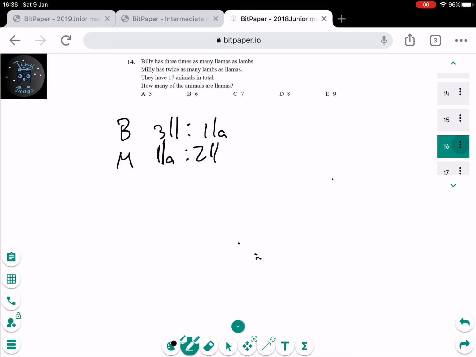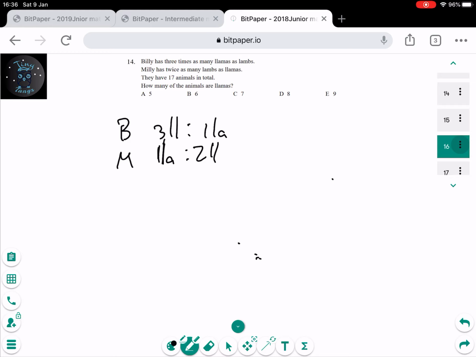What I'm trying to say is that 1L in Billy's things isn't the same as 1L in Millie's things, because they both have different amounts. Maybe the same, but we don't know that. So yes.